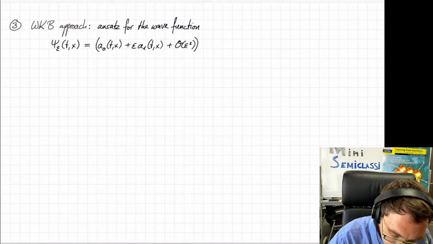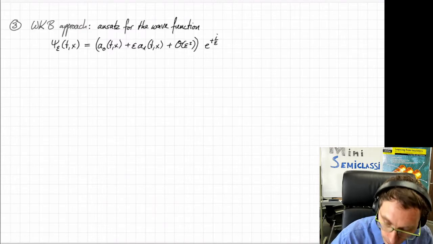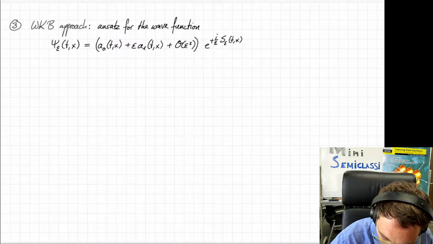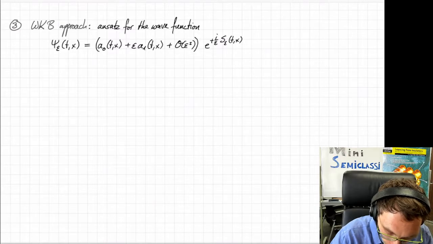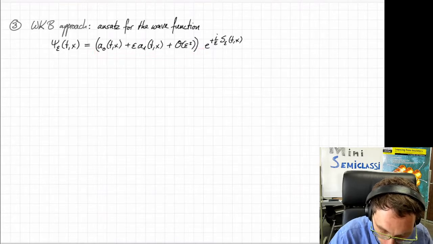And the phase might also have an expansion, but importantly, it varies quickly compared with the amplitude.